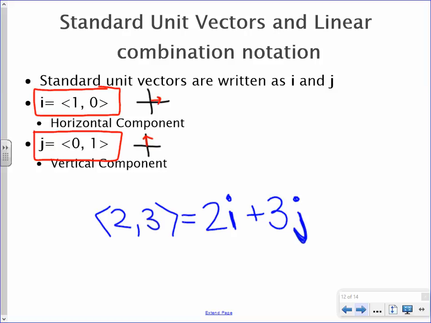So 2, 3 in chevrons is a vector in component form. 2i plus 3j is a vector in linear combination form. It's just 2 different ways to write a vector. They still mean the same thing.